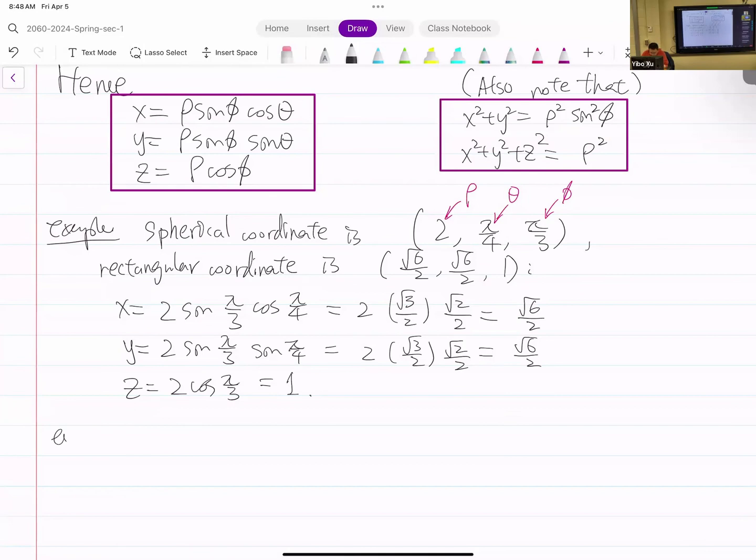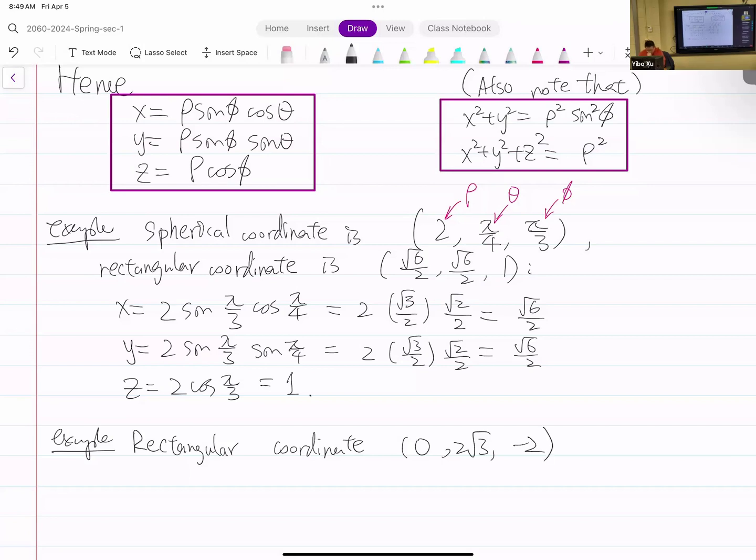Okay. And then if we want to translate from the x, y, z coordinates into rho, phi, and theta, we still follow this logic. So let's say we have the point (0, 2√3, -2).